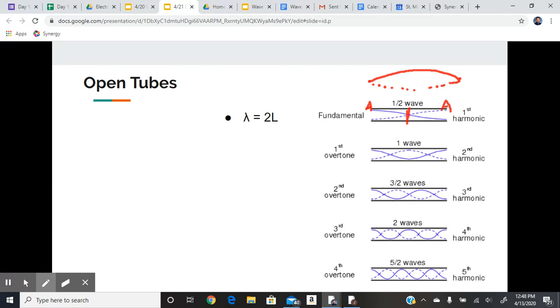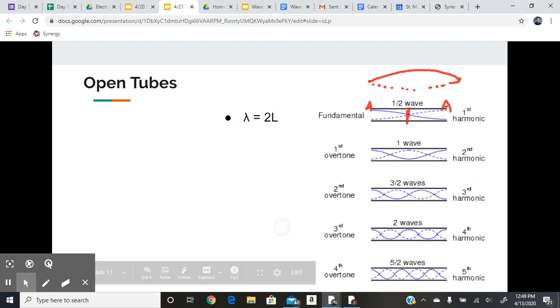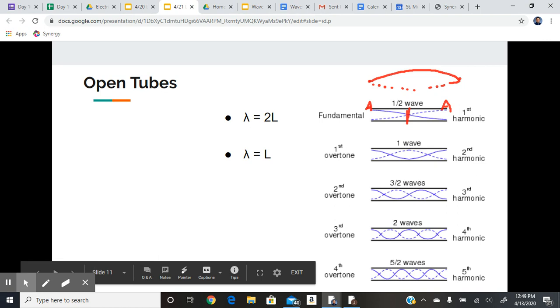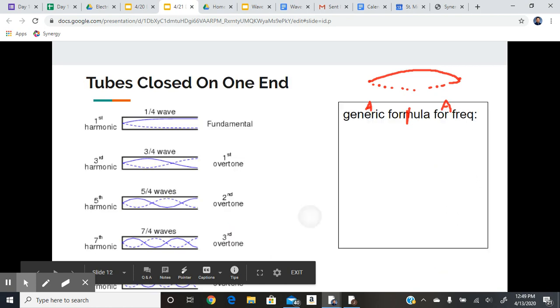But nothing changes as far as the length of the wave goes, because that is still half of a wave. And then the second harmonic is still 1 full wave, and so on and so forth. So all of these equations are still going to be the exact same.